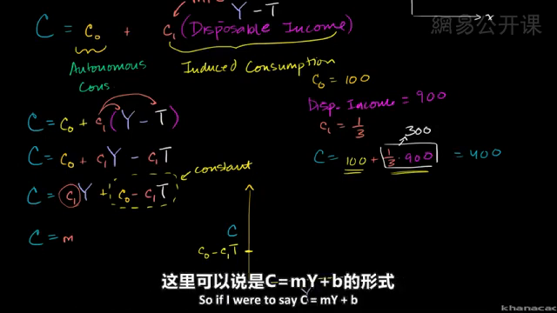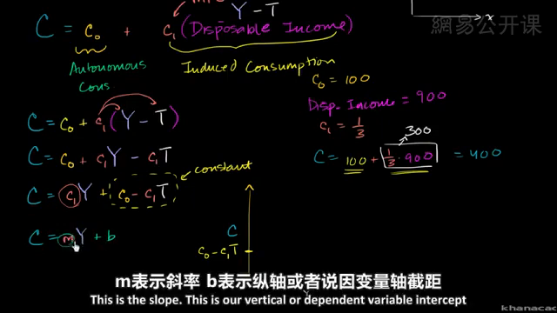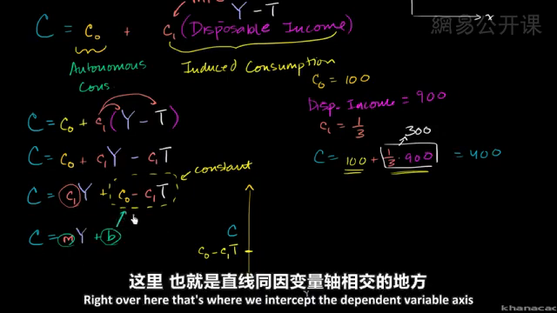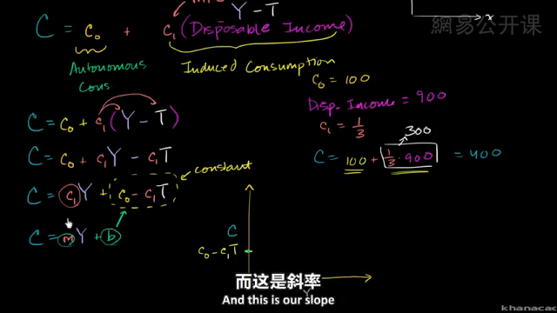So if I were to say C is equal to my plus b, this is the slope, and this is our vertical or dependent variable intercept. That's where we intercept the dependent variable axis, and this is our slope.